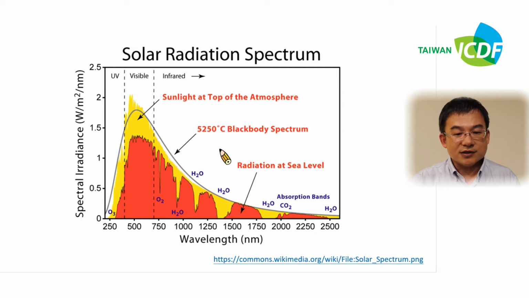So from the sun to the Earth, we could use the whole solar energy, but the atmosphere will absorb or reflect some energy, like this area and this area, by the water or the atmosphere material or some particle scattering. And so on the Earth we get just the red area.